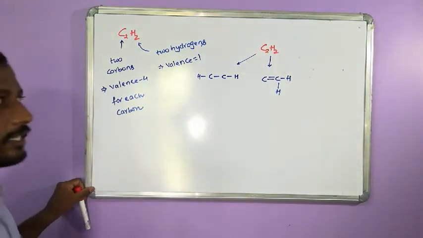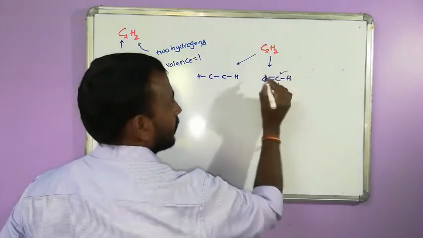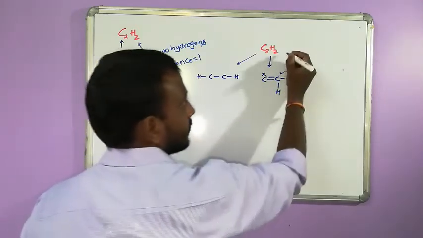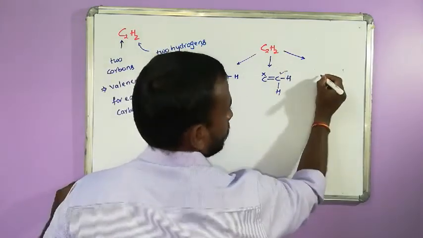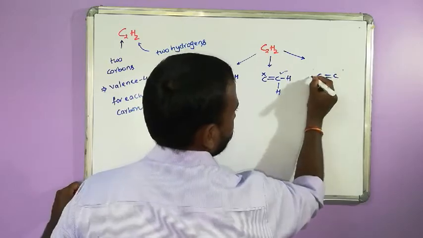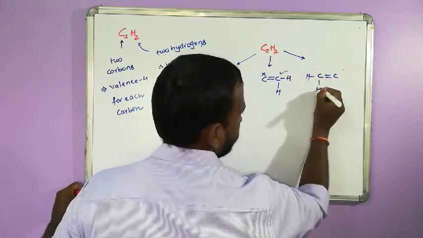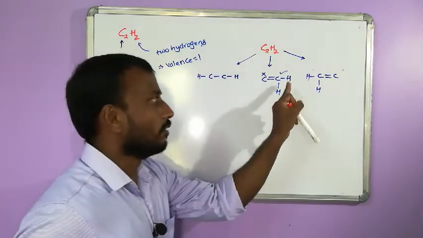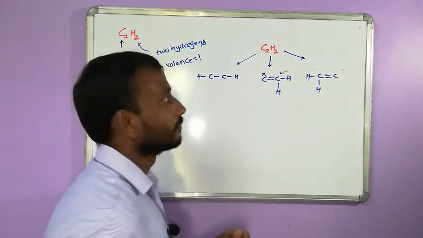Valence of this carbon is satisfied, but what about this carbon? Valence for this carbon is not satisfied. Somebody may try like this: C double bond C, H. Both are same. These 2 structures are same.